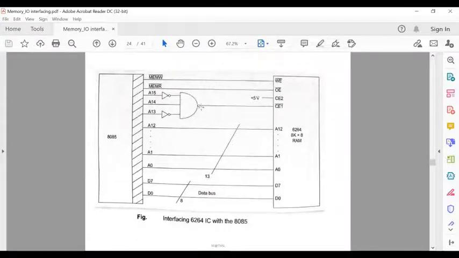The output from this NAND gate will be directly connected to the chip enable pin of that IC. It is a low level signal, so this low level signal must be connected to this low level pin. And another chip enable pin which is available for this RAM IC is CE2, which is active high and requires an active high signal.